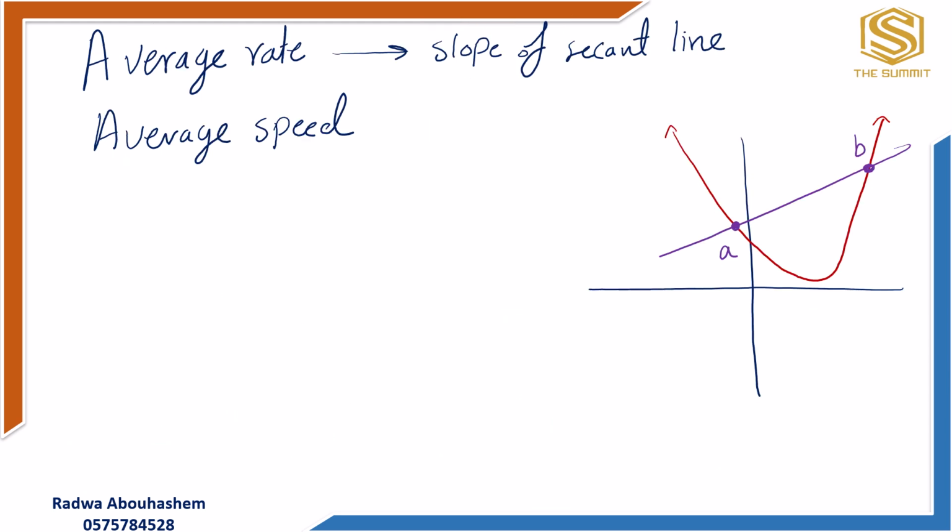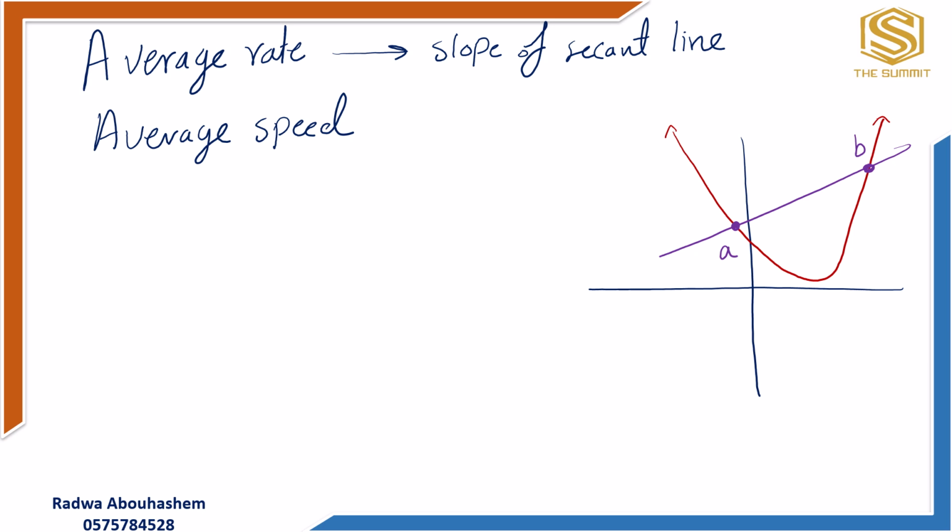The average rate or the average speed is the slope of the secant line. What is the meaning of secant line? A secant line means a line that cuts your graph at 2 points. For example, you have a car and it is not moving in a straight motion, it's moving on a curved path, and you need to know the speed. So at this time, we're going to calculate the average speed.